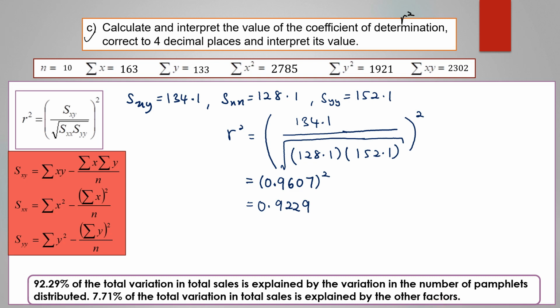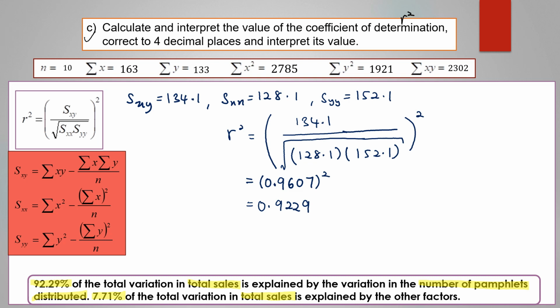So here, what you should know is 92.29% of the total variation from the total sales here is explained by the variation in the number of pamphlets distributed. 7.71% of the total variation in total sales is explained by the other factors.